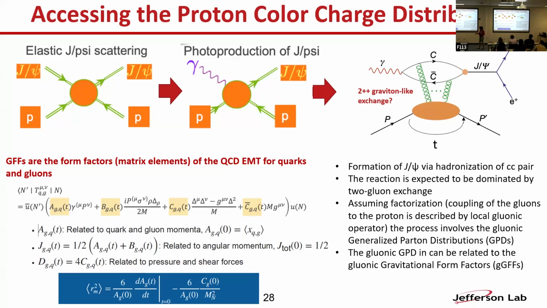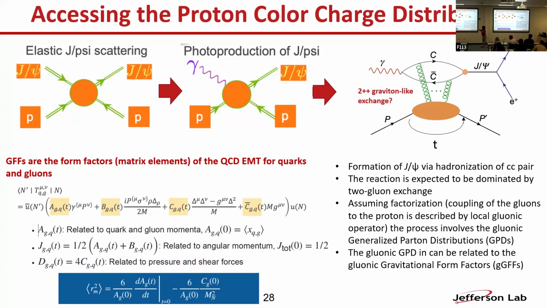And the mass radius has this expression. So if I measure in some way A and C, calculating the derivative of A versus t and extrapolating to 0, I can access the mass radius of the proton.